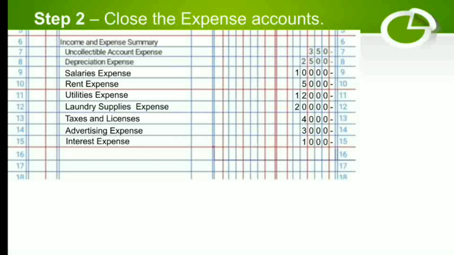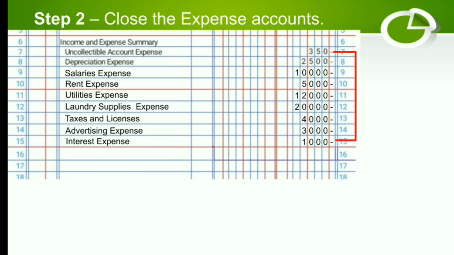Okay, now that we are done crediting all the expenses, the next thing that we're going to do is to total all the credit amounts. As a rule, the total of the debit must always equal the total of the credit. So whatever the total is in the credit, it must be the same as the debit. Let's now get the total amount of the credit. We have 350 pesos plus 2,500 pesos plus 10,000 pesos plus 5,000 pesos plus 12,000 pesos plus 20,000 pesos plus 4,000 pesos plus 3,000 plus 1,000 pesos.